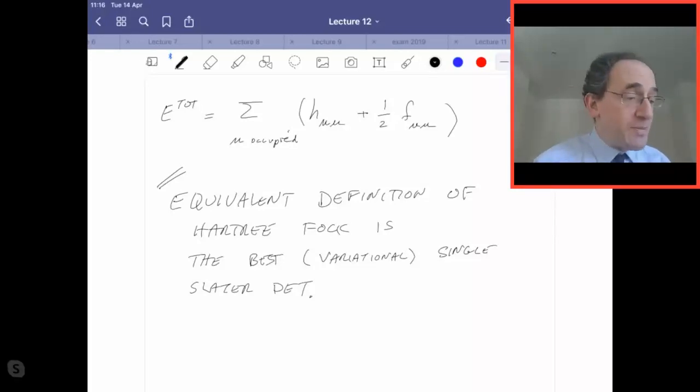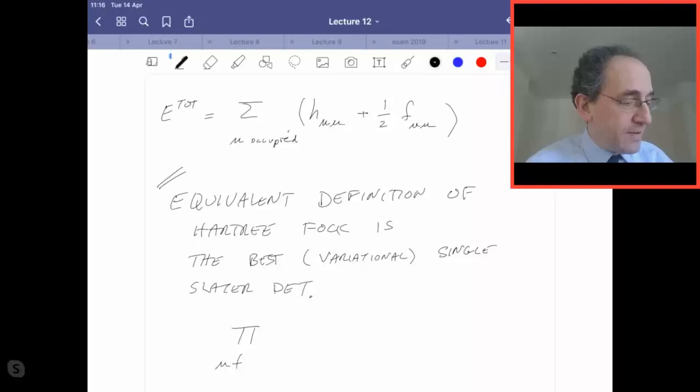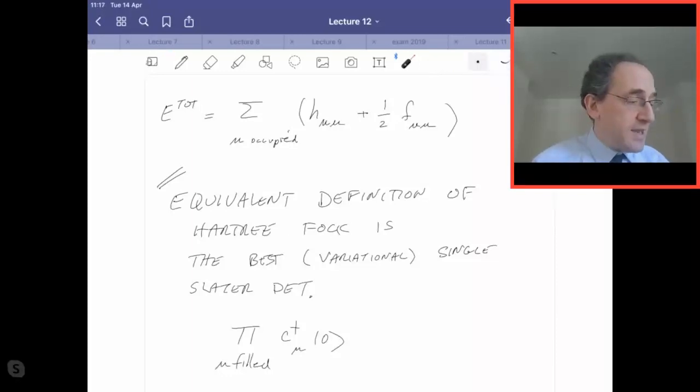The single Slater determinant that gives you the lowest possible energy is the Hartree-Fock wave function. In other words, the product over mu filled of C dagger mu on 0, that's a single Slater determinant. And what we've done by following this Hartree-Fock prescription is to find the best possible orbitals to fill so as to lower the energy as much as possible.